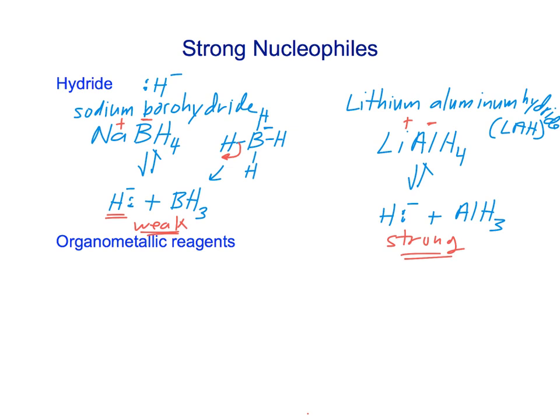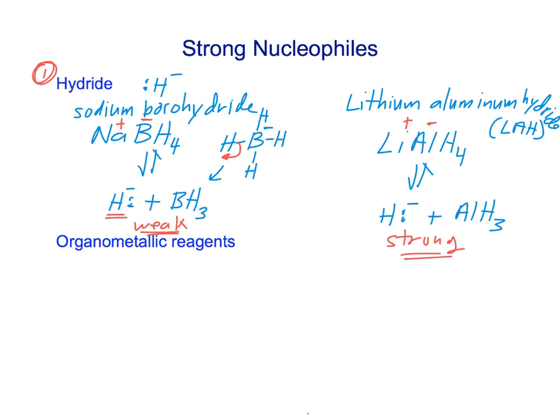PCC is the weak one. So we just give prototypes here. There are many oxidizing and reducing agents that we could use. So here's hydride as a nucleophile. That's what we're going to talk about first, starting tomorrow.